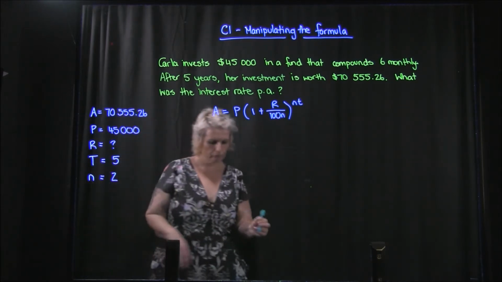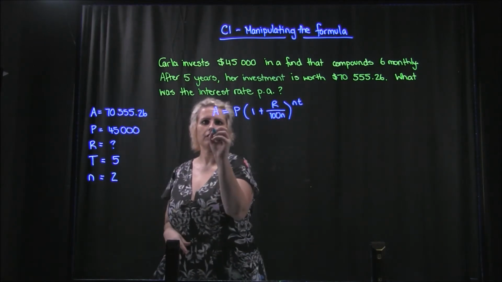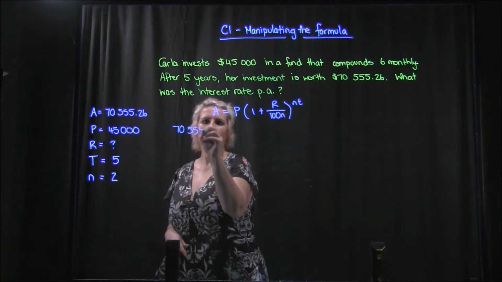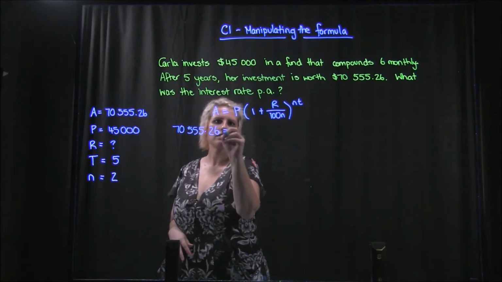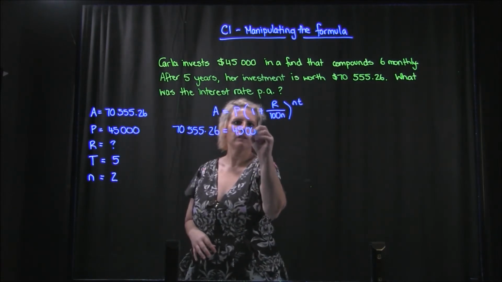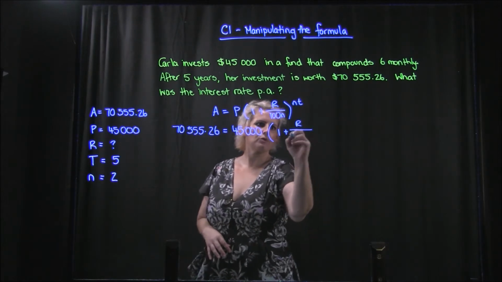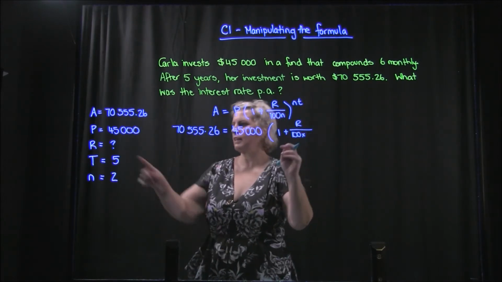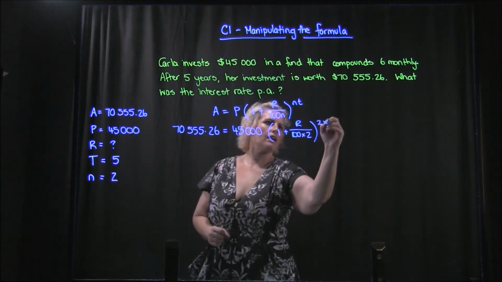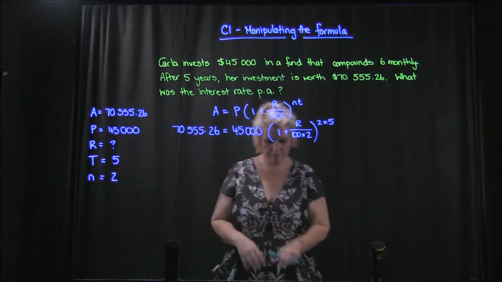Okay, so basically we plug in what we know into our formula here. 70,555.26 is our amount. Principal, 45,000. 1 plus the rate, which is unknown, that's what we're trying to find, over 100, times, and n is 2 because it's every 6 months, and 2 times 5, 5 being the time in years.